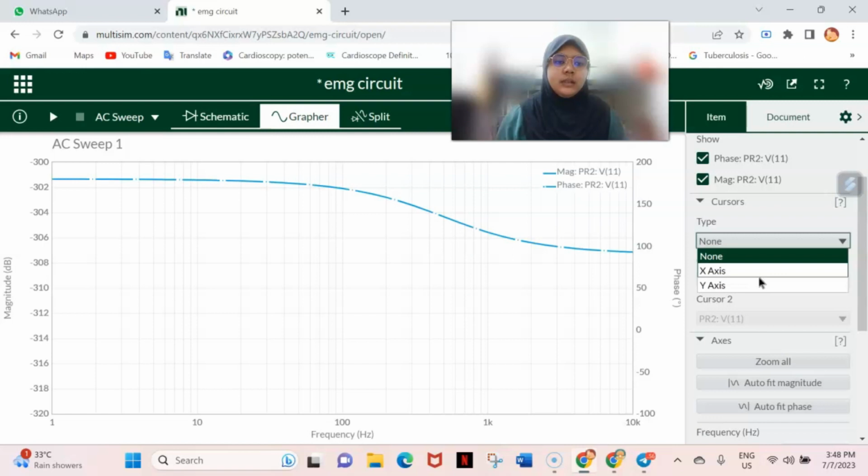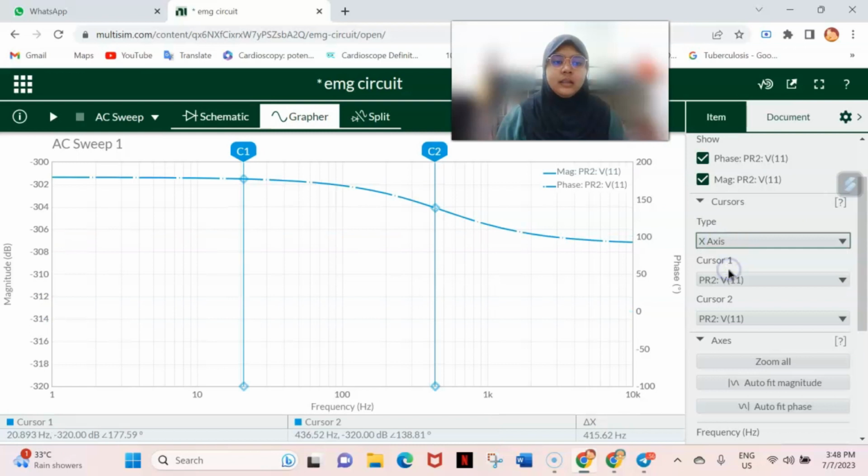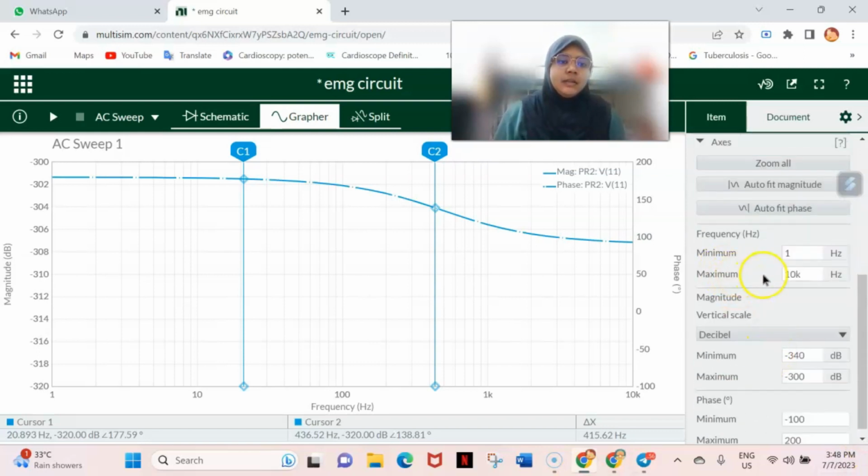If we want to check the axis, you can see this is the axis Y and this is the axis X. So for cursor 1, we got 20.893 Hz, and the dB is 32 dB, and for cursor 2, it is 436.5 Hz and negative 320 dB.